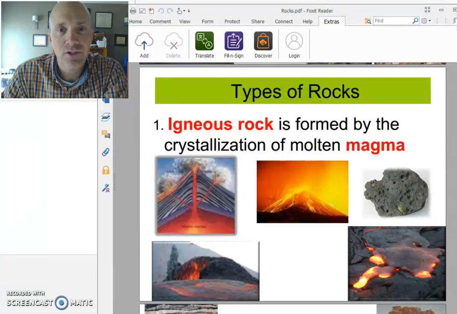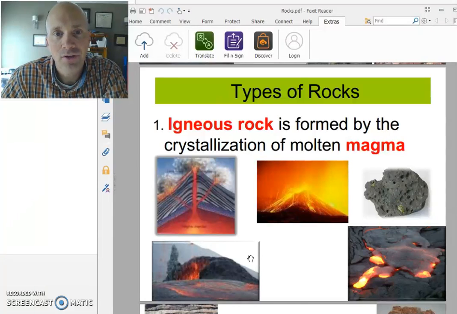So there are three major types of rocks, and the thing that makes these different types of rocks different is how they're made. The first of these types is what's called igneous rock. Igneous rock is a rock that is formed by the crystallization of molten magma. You might not have heard of the term magma before, but most people have heard of lava.